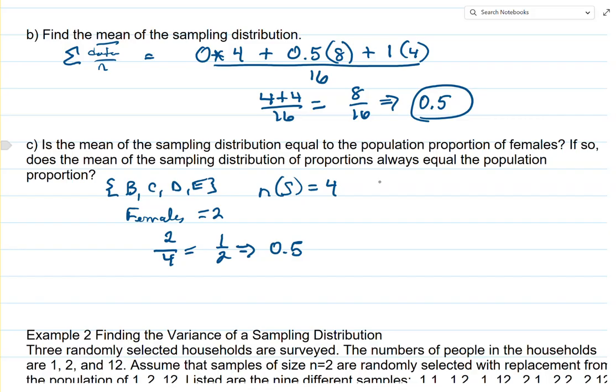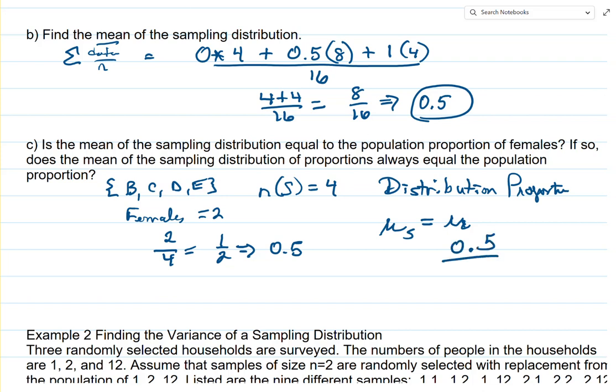Okay, from our distribution proportion, our mean, right? And we know that's our mu, our mean for our sample is equal to the mean of the data. So we have 0.5. Okay, well, they're equal.